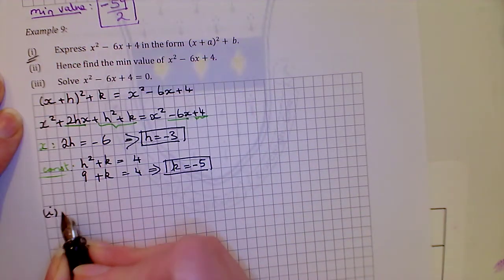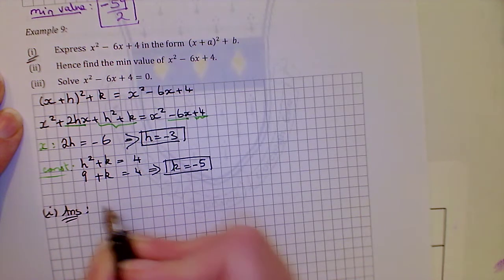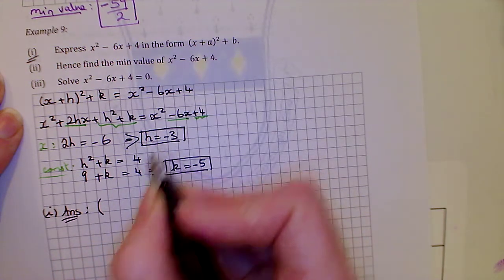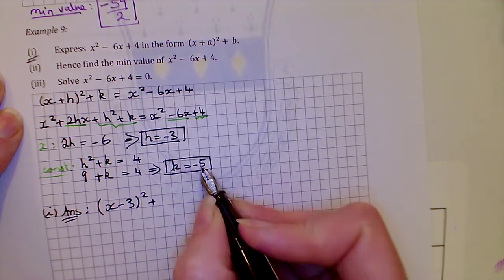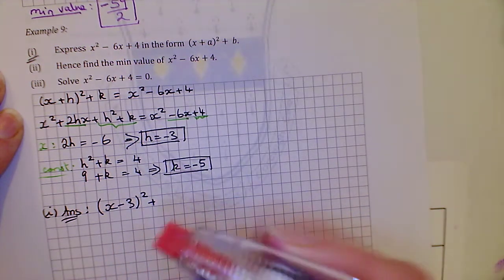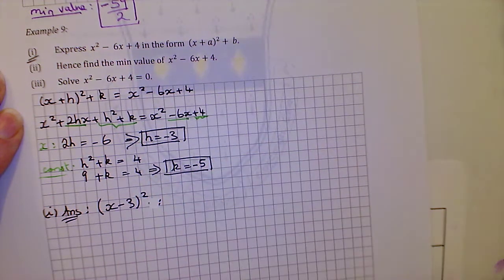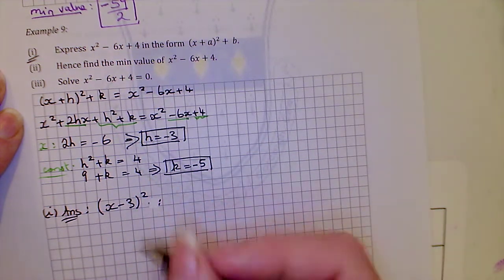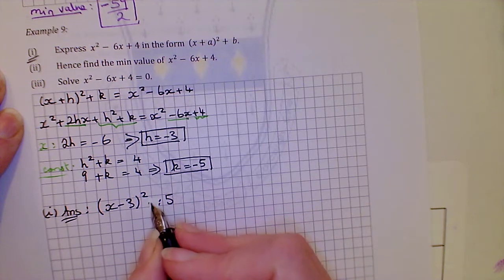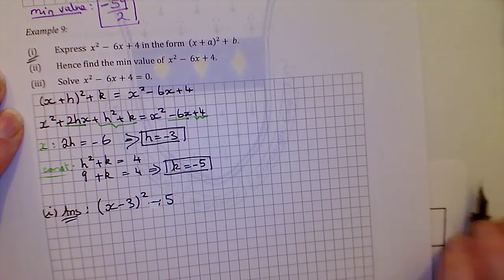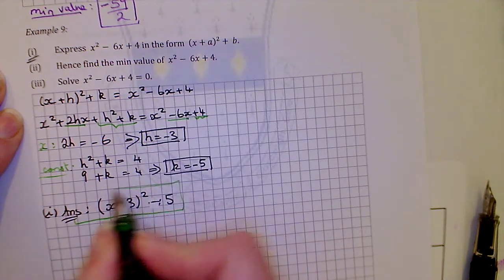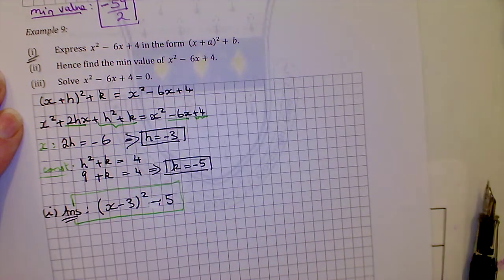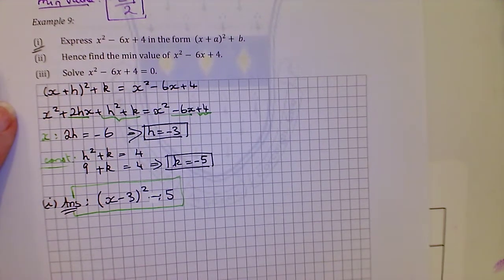The answer to part 1 is that we have x plus h squared, x minus 3 squared, plus, it's negative, so it's going to be minus 5. And that is the answer to part 1. That is our quadratic in completed square format.